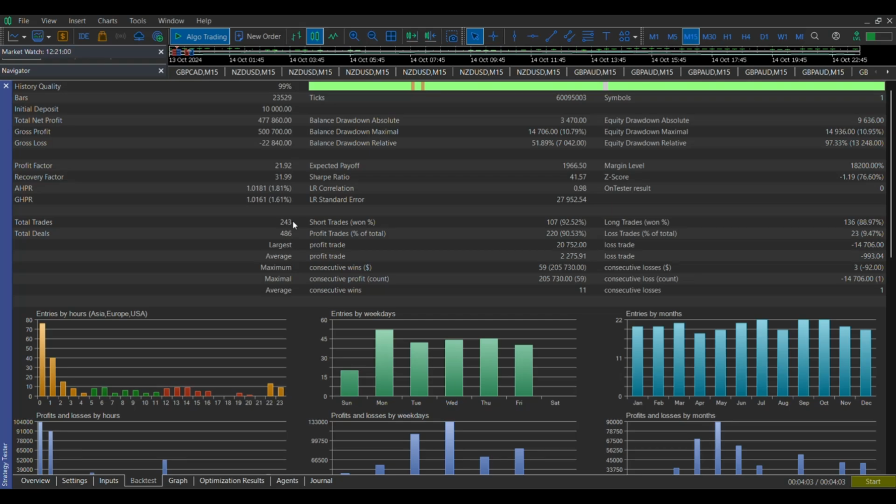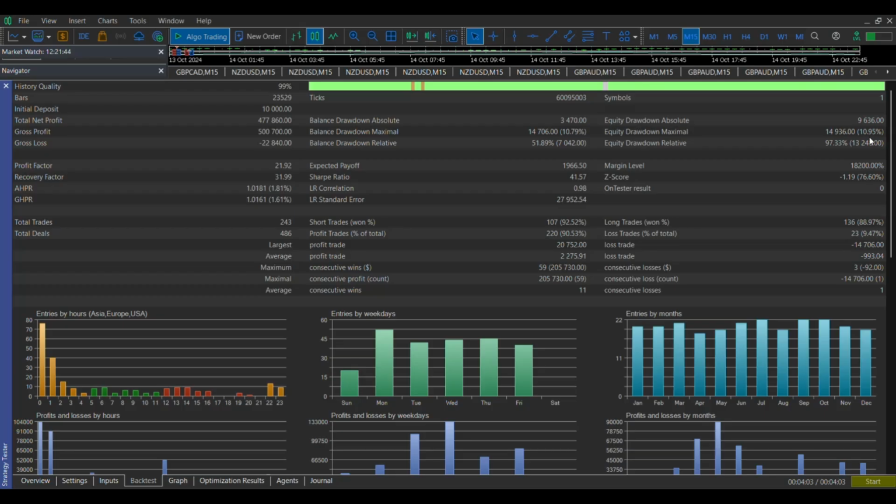The maximum balance drawdown was 14,000 USD, but that was 10% of the balance at that time, and the maximum relative drawdown was 51%. The maximum equity drawdown was 10%, and in absolute terms it went to 13k.